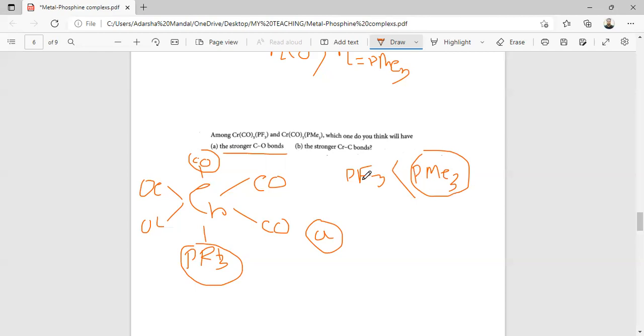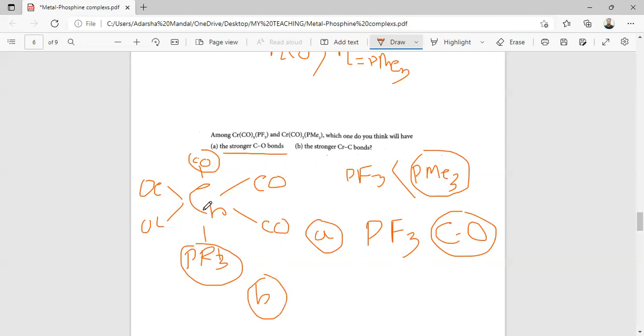PF3 is a better acceptor of electron density from the metal center, so it will disfavor the back bonding between the metal and carbonyl. So for the PF3 case, there is a stronger CO bond compared to the PMe3.